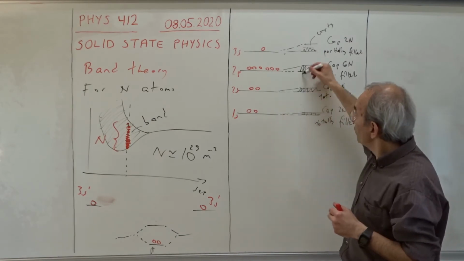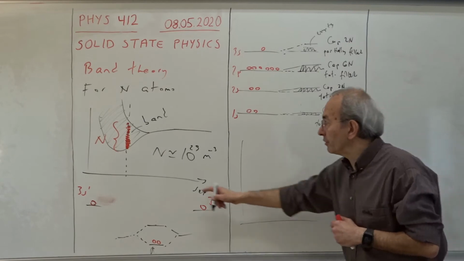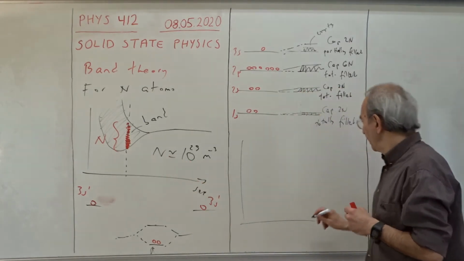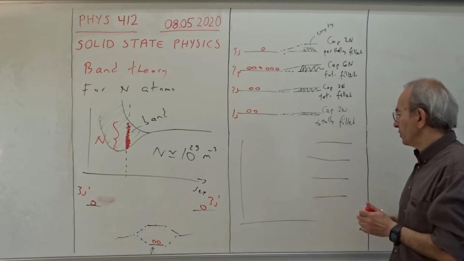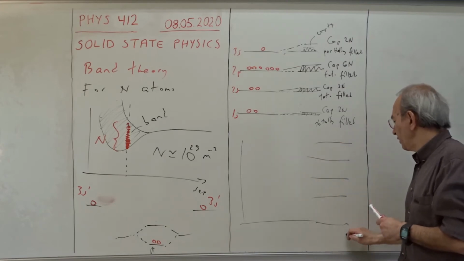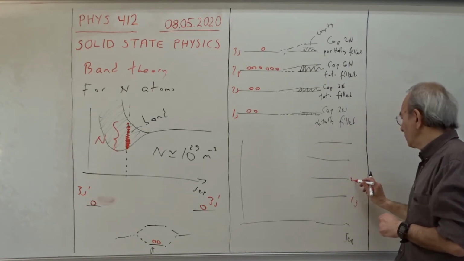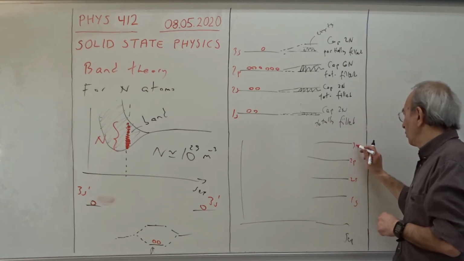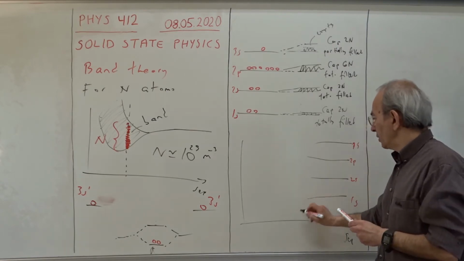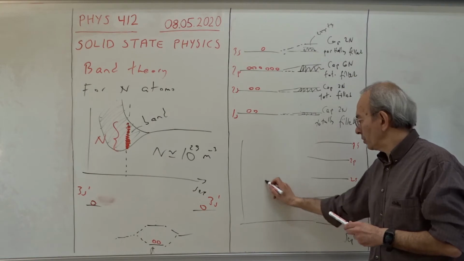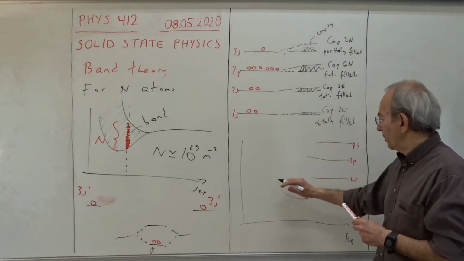And if you compare these, for instance, in this kind of picture, these are, at infinitely far apart positions, 1s, 2s, 2p, 3s. This splits into some band.